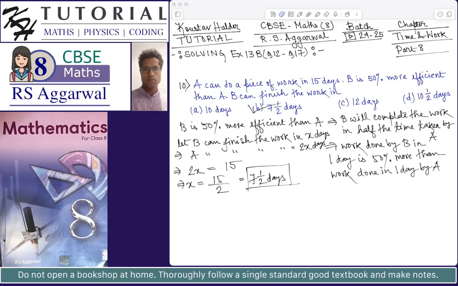Okay, so question 10 was: A can do a piece of work in 15 days. B is 50% more efficient than A. B can then finish the work in?